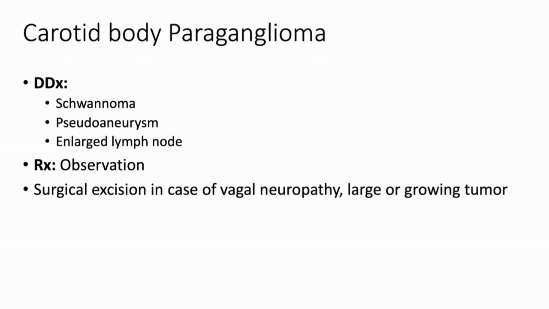So that is a way to go. First embolization by the neurointerventional person and then surgery by the head and neck surgeon. That is the treatment of a symptomatic paraganglioma in the carotid space.